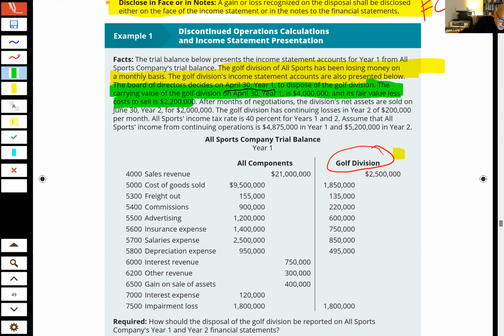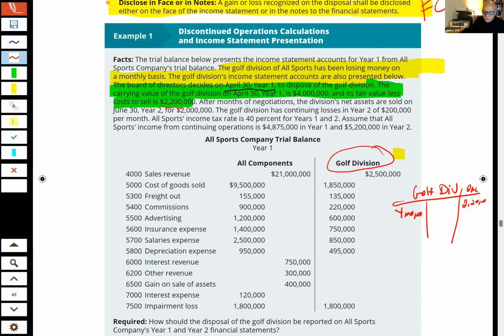We have impairment. Okay. They're telling me that the golf division is showing 4 million, and it should be showing 2,200,000.